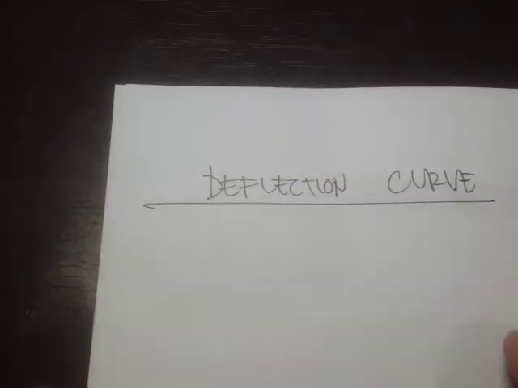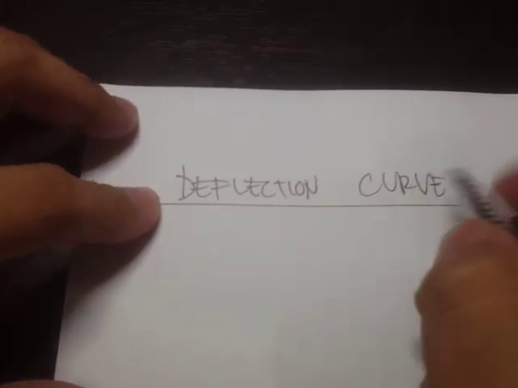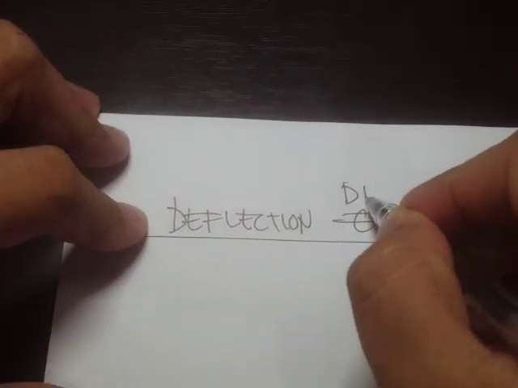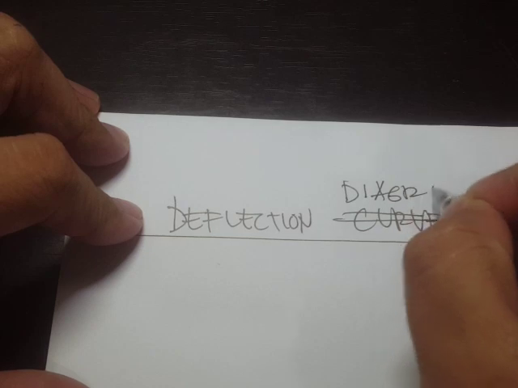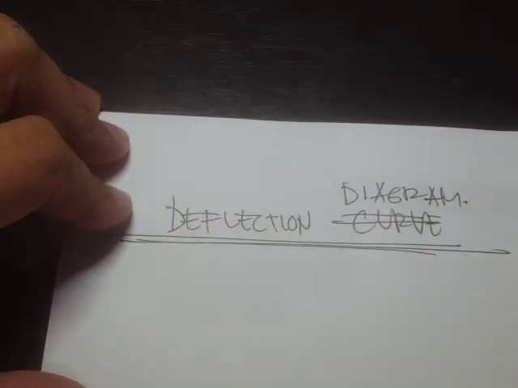Actually, let's try drawing these deflection curves for various types of beam conditions. Okay, so actually this is deflection curve or deflection. Let's write it here, deflection diagram.